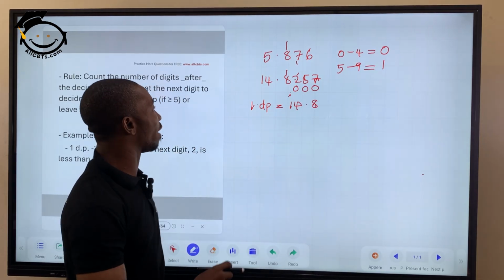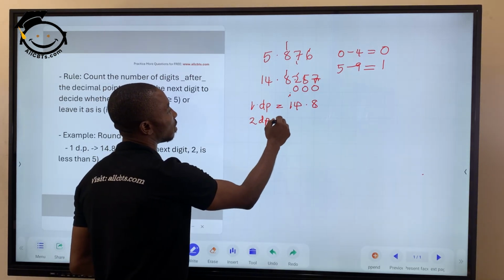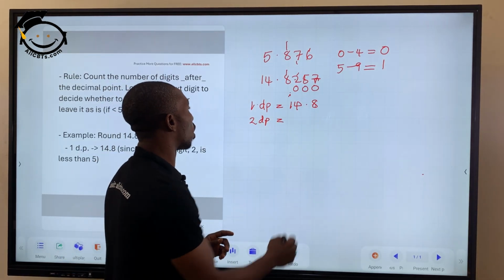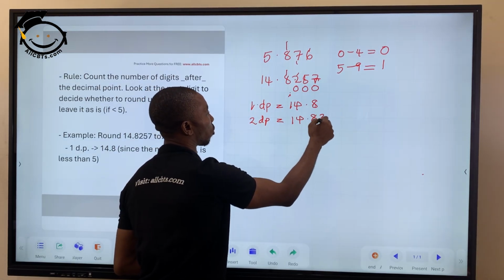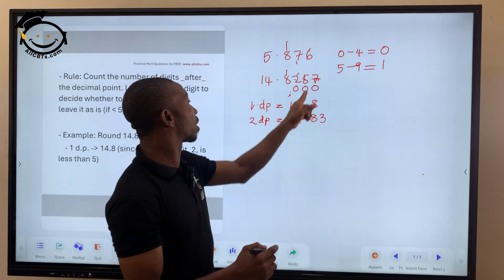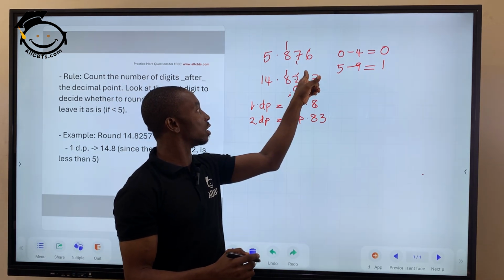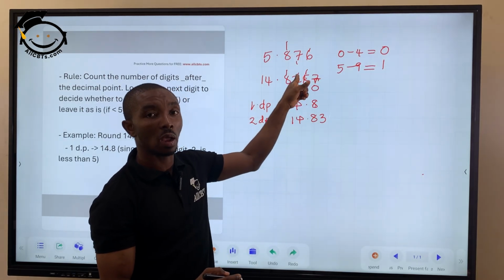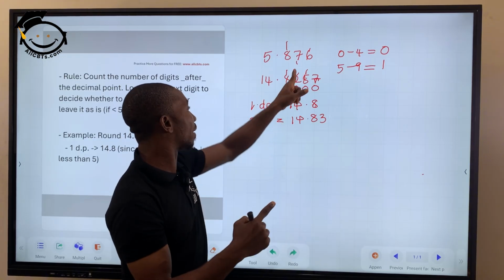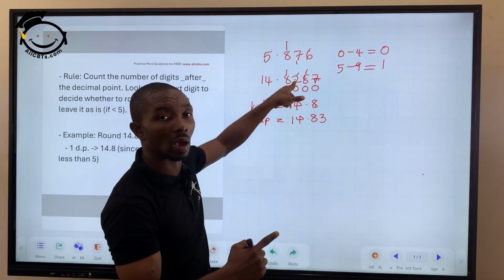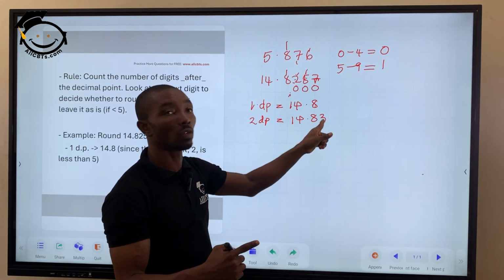Alright? But if we are asked to round up to two decimal places, this will become 114.83. Why? Because the next number to 2, which is in the third decimal place, is 5. And it is up to 5, so we round it up to 1 and add to our second decimal place, which is 2. 2 plus 1 would give us 3.